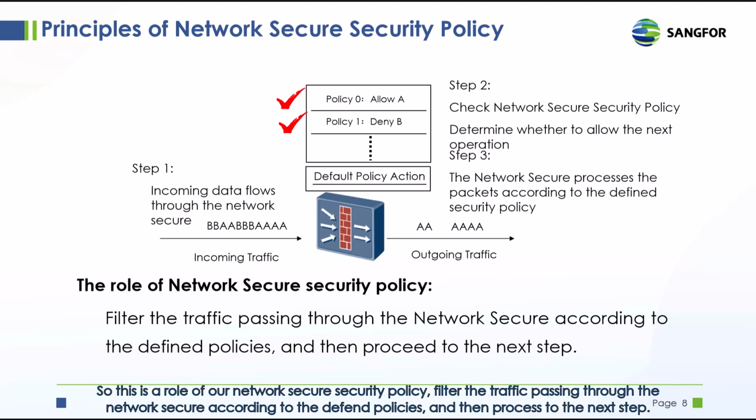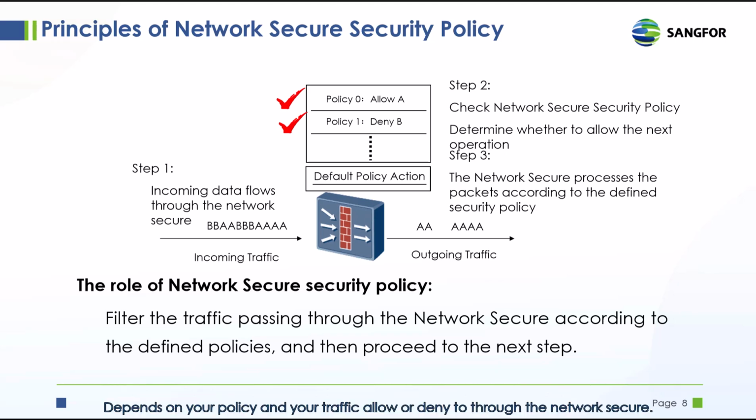So this is the role of our Network Secure security policy: filter the traffic passing through the Network Secure according to the defense policies, and then proceed to the next step. Depending on your policy and your traffic, it allows or denies passing through the Network Secure.